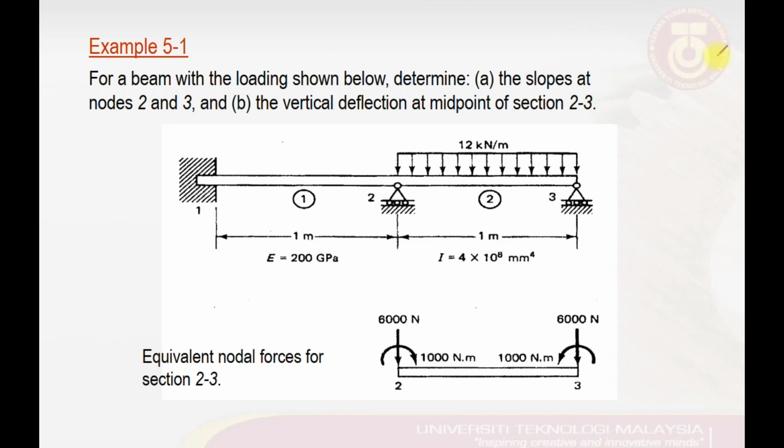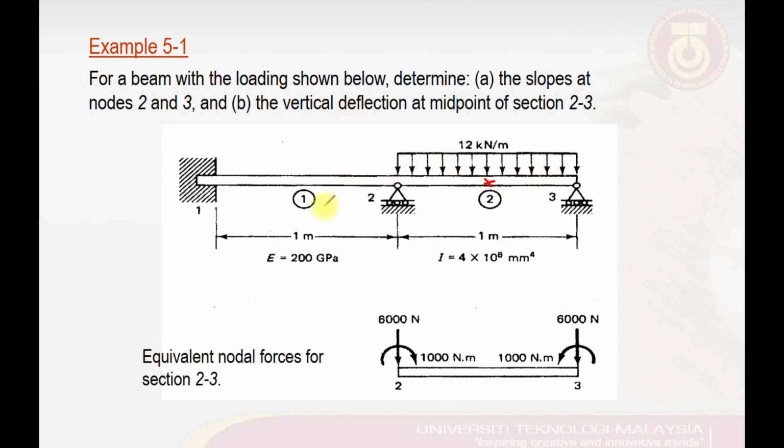Alright, now let's look at our first example of a beam structure subjected to a distributed load and simply supported as shown here. For a beam with the loading shown below, determine A, the slope at nodes 2 and 3, and B, the vertical deflection at the midpoint of sections 2 and 3, so it is somewhere there.